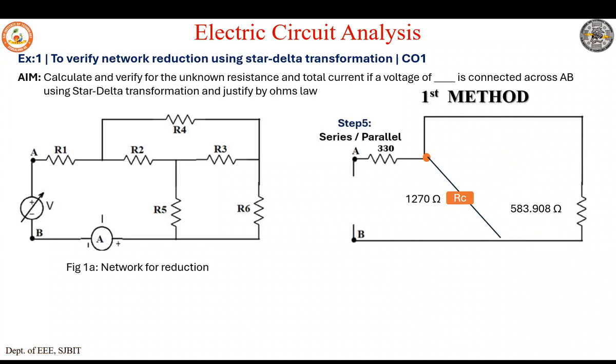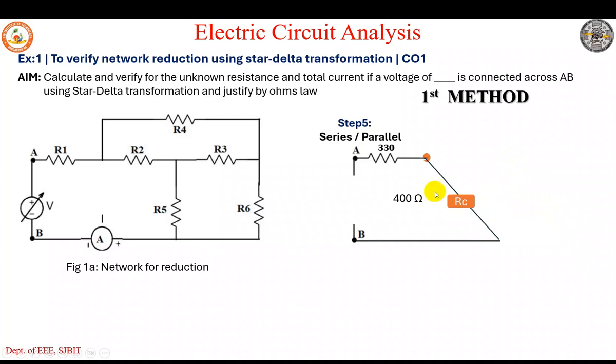Thus that's step 5, and R1 into R2 divided by R1 plus R2, the form that you know for parallel, will give us 400 ohms. I just retain the same variable RC, but the value of RC has changed now, as we are aware.